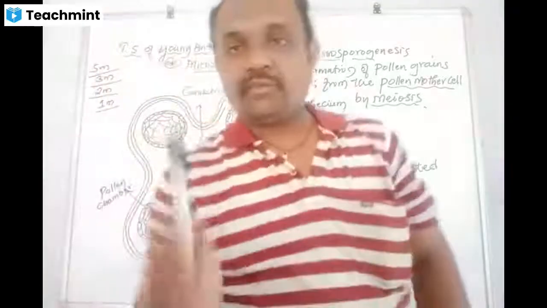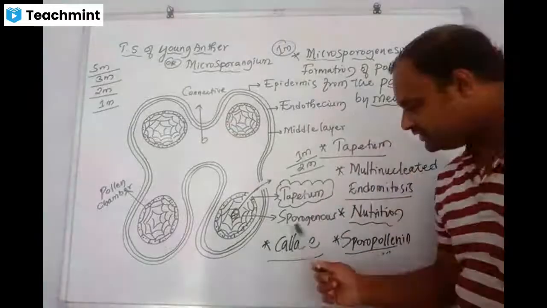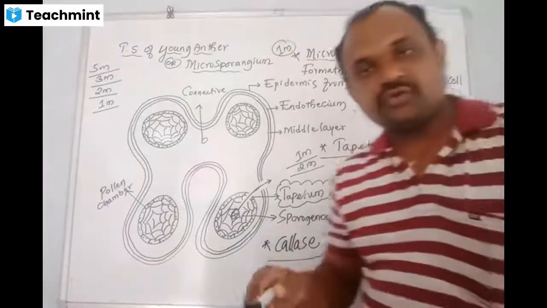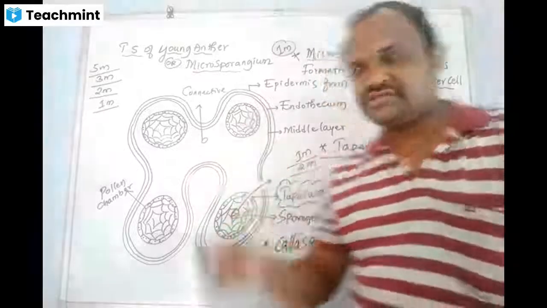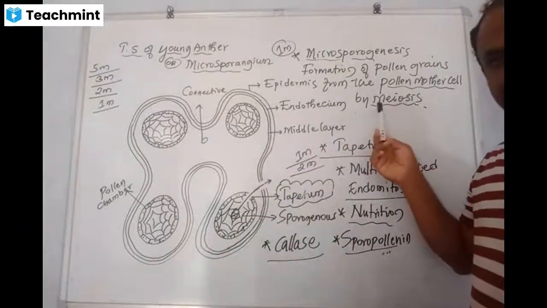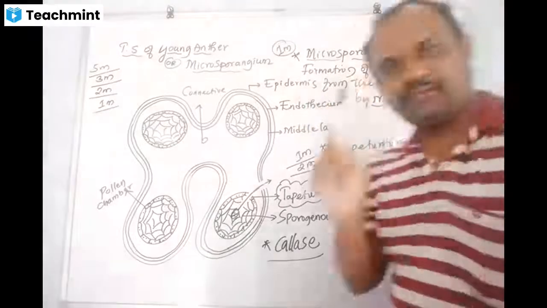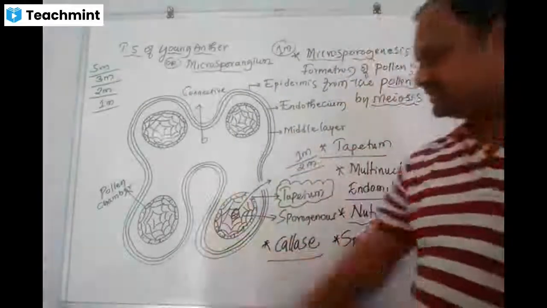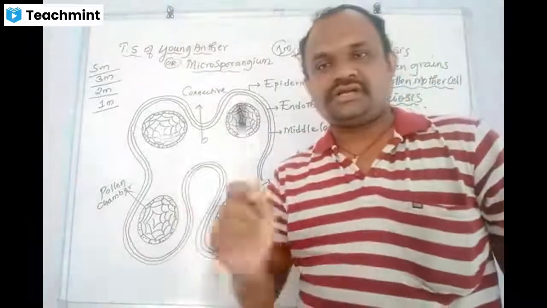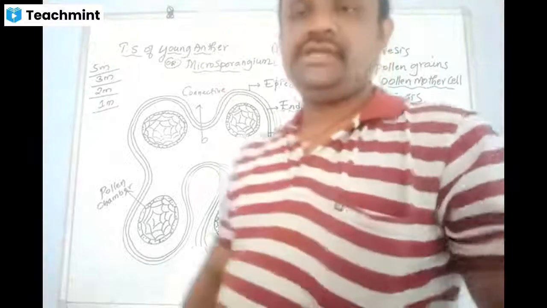The pollen mother cells are always developed by the sporogenous tissue. The sporogenous tissue undergoes mitosis and develops the pollen mother cell, and this pollen mother cell undergoes meiosis and produces the pollen grains. So this is the detailed explanation of the transverse section of the young anther.